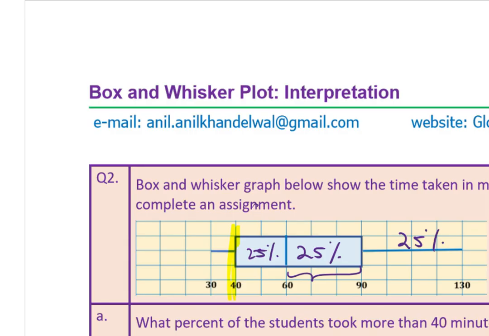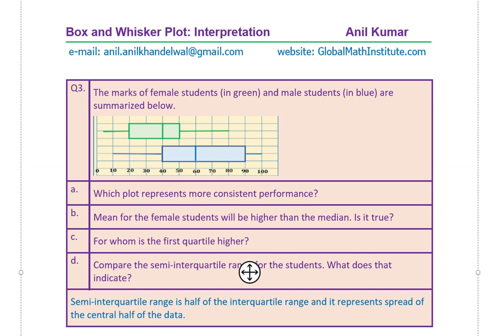Let's take more examples. This time we are taking two box and whisker diagrams. We'll compare the data. This is also a very common question in many test papers. Question number 3: the marks of female students in green and male students in blue are summarized below. So these are female students and these are male students.